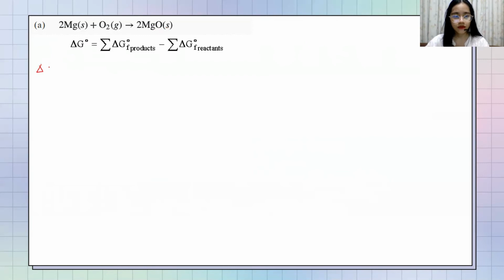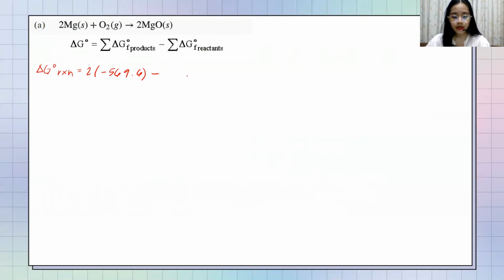So 2 times negative 569.6 minus, in the reactant side, we have 2 moles of magnesium and 1 oxygen gas.